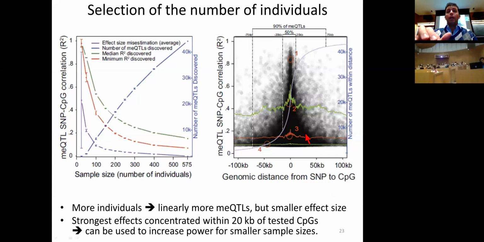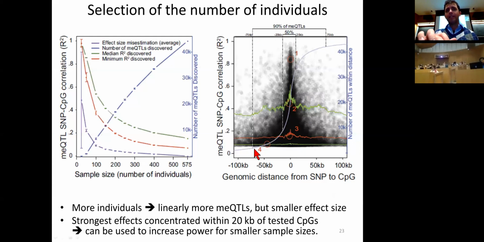All right. And then you basically have the genomic distance of the SNP to the CpG, which creates this very strong concentration. You can say what fraction of my meQTLs are within a different distance.